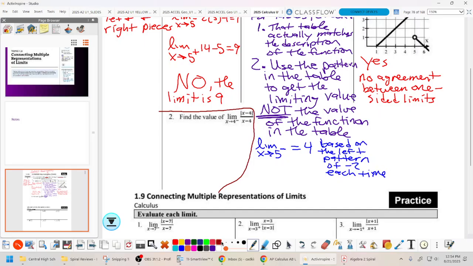I did the colors wrong, sorry about that. The limit as x approaches 5 from the right is 1, and that's based on the pattern from the right, which is down 5 each time.